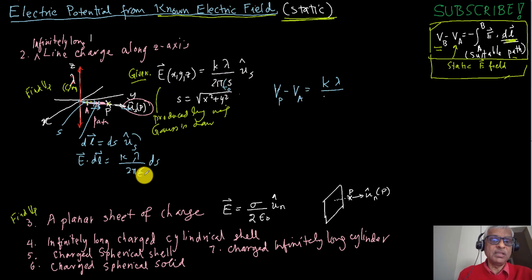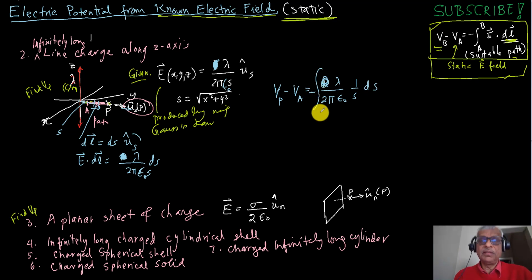Epsilon naught is missing. There's no k here. It's 2 pi epsilon naught, 1 over s ds, and it's negative, and integrate from a to p.